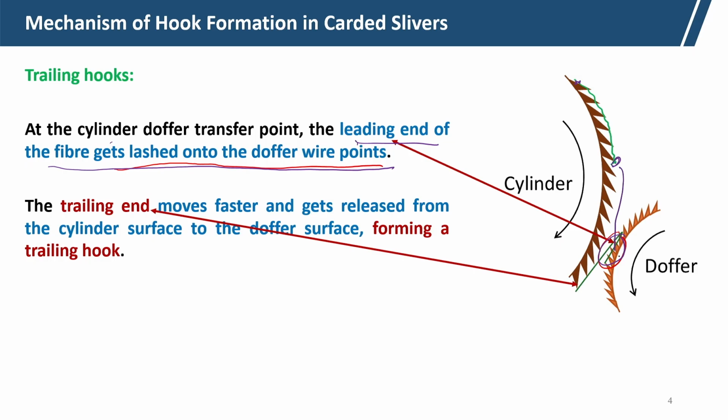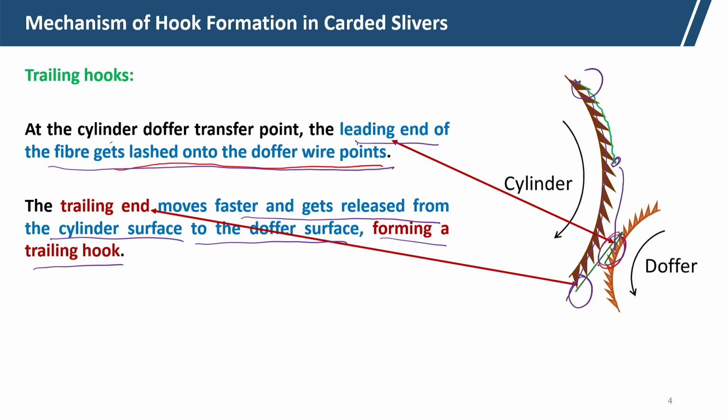When it is lashed into the wire point, its speed reduces, because it will start moving at the doffer speed, but the trailing end is still under the grip of the cylinder, which moves at a very fast speed. The trailing end moves faster and gets released from the cylinder surface, forming a trailing hook.